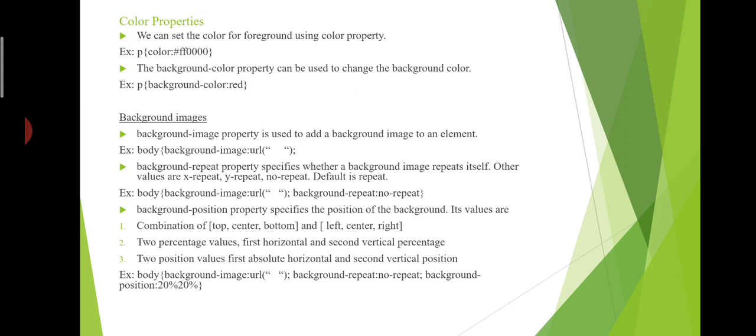Either we can mention the color name or we can give the code of that color as a value for that color property. And the background color property can be used to change the background color of the screen. By making use of the background color property, we can set the value for that.